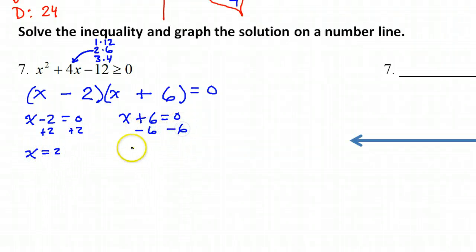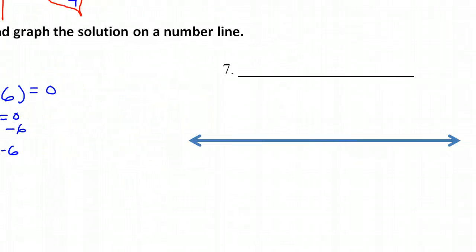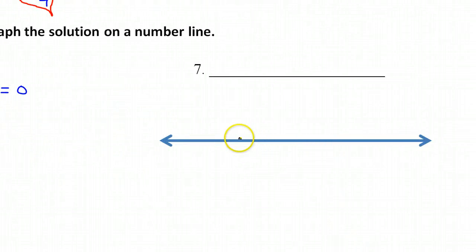Subtracting 6 from both sides gives me x equals negative 6. So what I have here are the x-intercepts, 2 and negative 6. I'm going to put those two on my number line. The negative 6 goes over here, and the 2 goes over here. Alright, boom, number line.